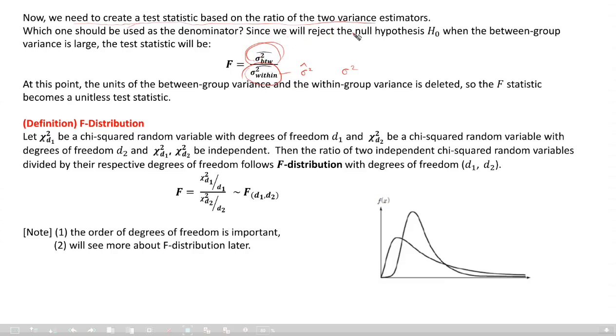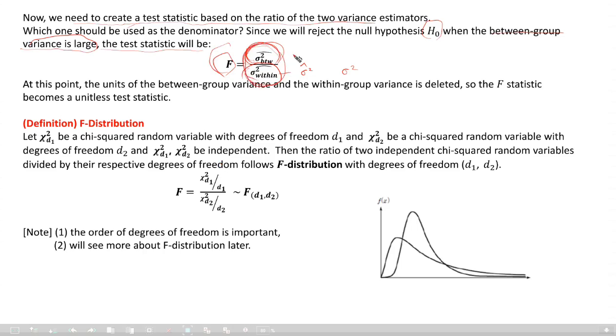We will reject the null hypothesis H0 when the between group variance is large. When this one is large, the value of F will be large and we reject H0. So the test statistic will be the ratio of these two variances.